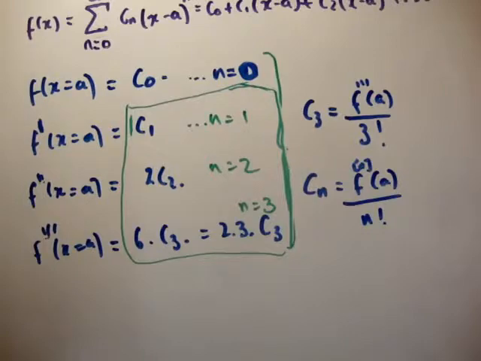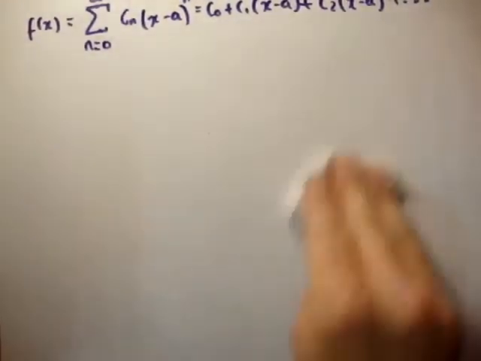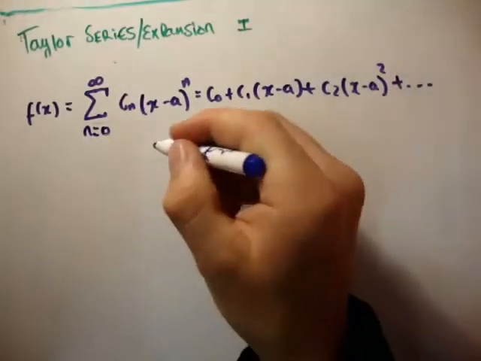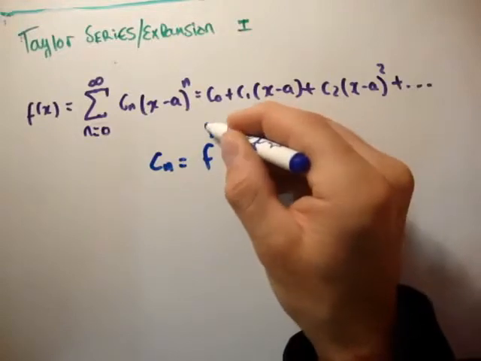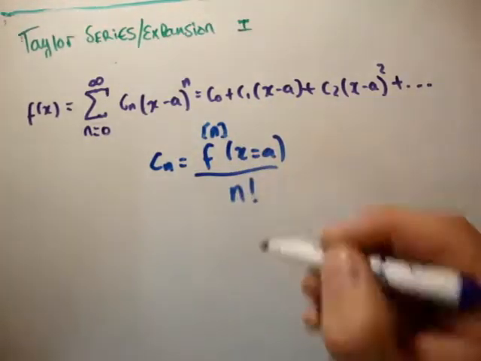And this particular formula allows us to calculate all the different coefficients in our power series. So go back to our power series expansion of our function f of x. We now know what each of these coefficients is. We know that c sub n is equal to the nth derivative of our function centered at x is equal to a divided by n factorial.